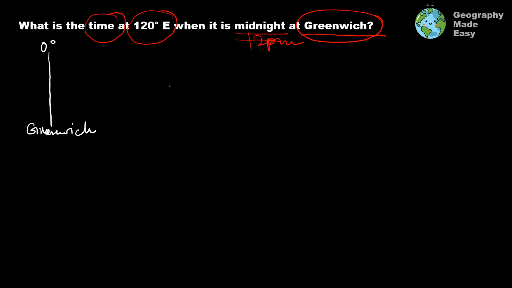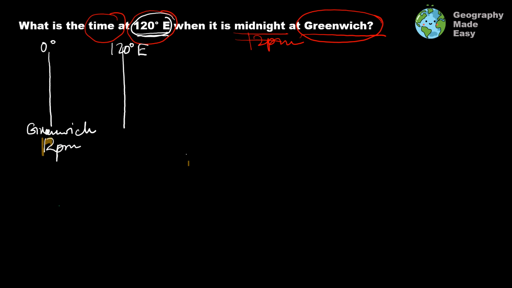And we are talking about another longitude which is 120 degrees east. If it is in the east, it means it is in the eastern hemisphere. So I can safely put this longitude at the right hand side of my screen.